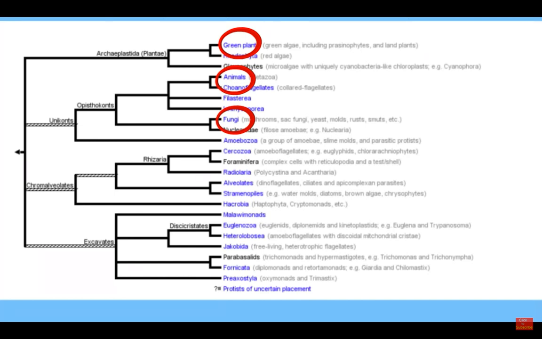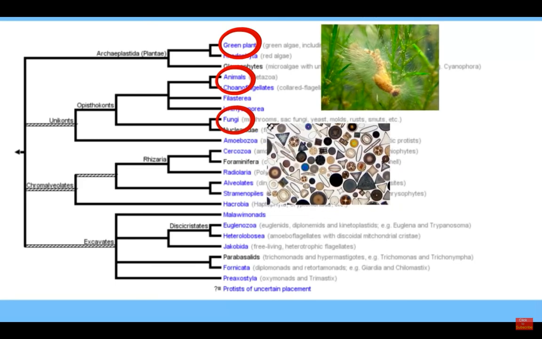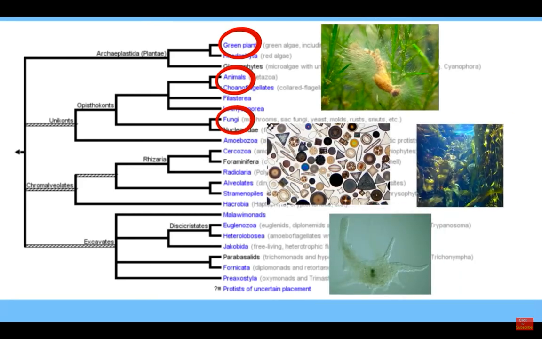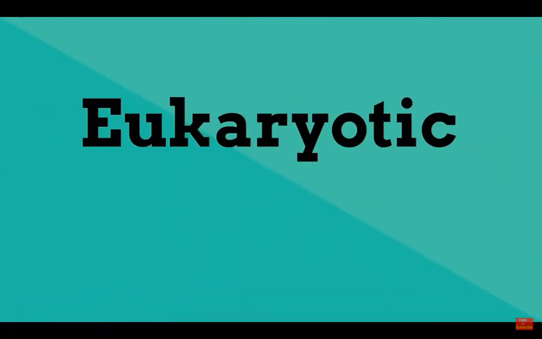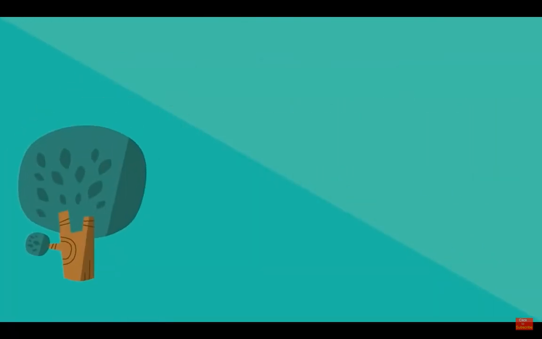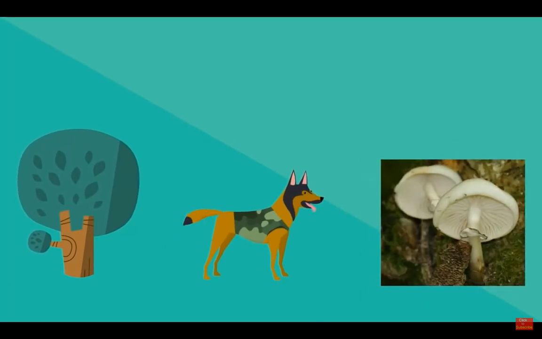You have water mold, diatoms, kelp, amoeba, and many more organisms. If you have a eukaryotic organism and it is not a plant, animal, or fungi, then it is a protist. All protists have the following common characteristics. They are eukaryotic, which means they have a nucleus.